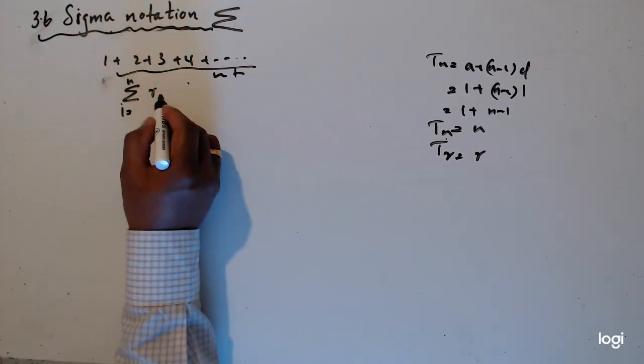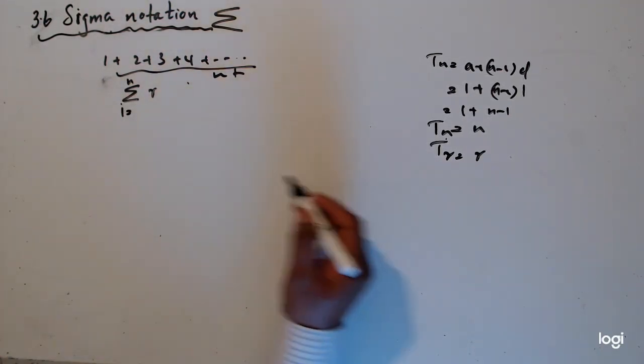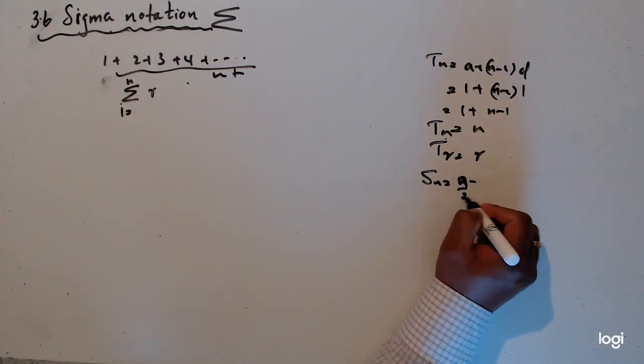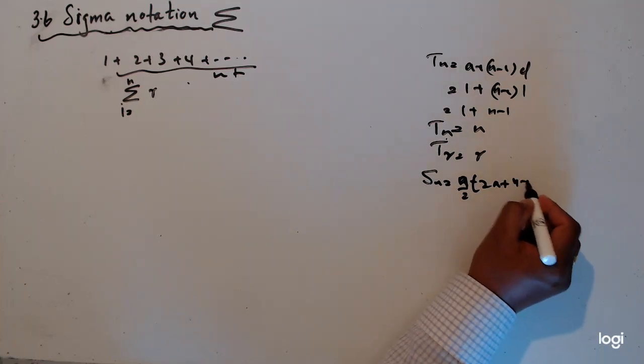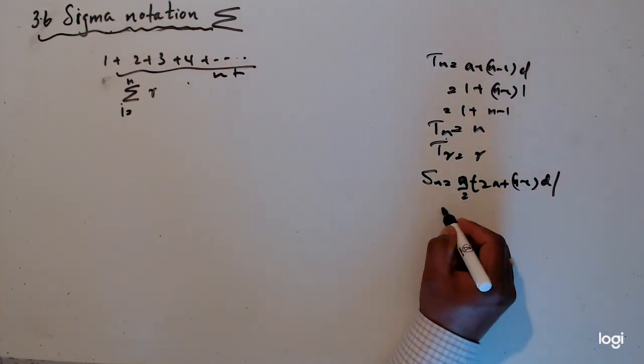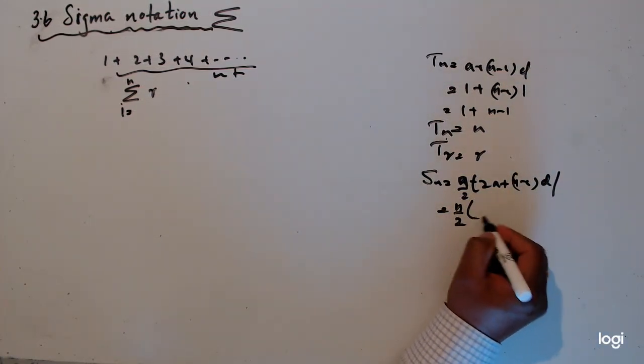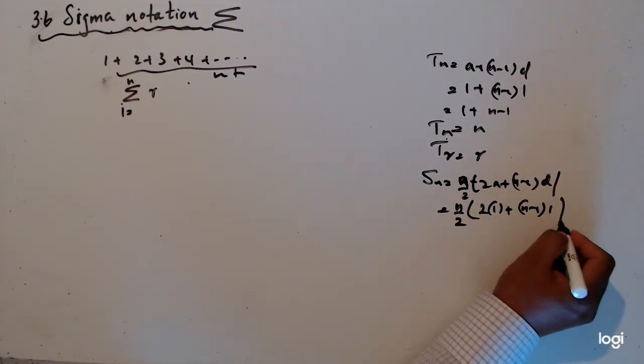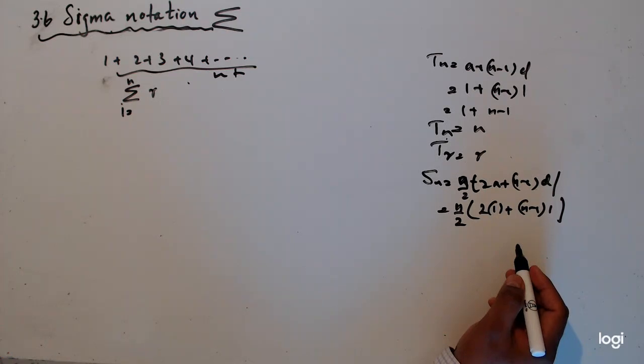And what is the addition up to the nth term? Sn equals n divided by 2, times (2a plus (n minus 1) times d). So n divided by 2, times (2 times 1 plus (n minus 1) times 1), since d is 1.